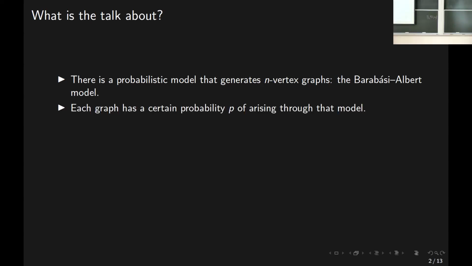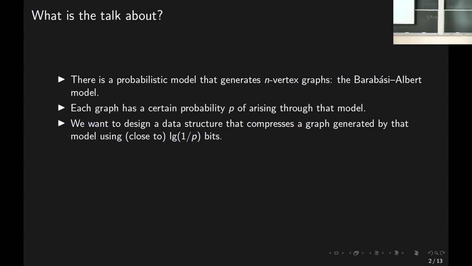Each graph generated by this model has a certain probability p of arising. And essentially, we want to design a data structure that compresses a graph generated by this model using close to log(1/p) bits.